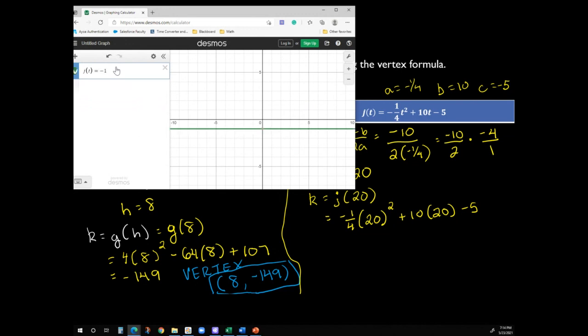So negative 1, and if you use the slash, that will get you into the fraction. Then I gotta make sure I hit to the right so I get out of the fraction. T squared plus 10t minus 5. And then we want J of 20. And so this math is going to come out to 95.